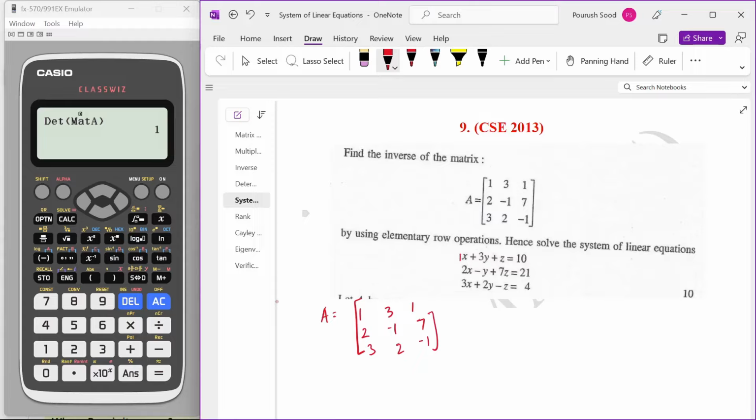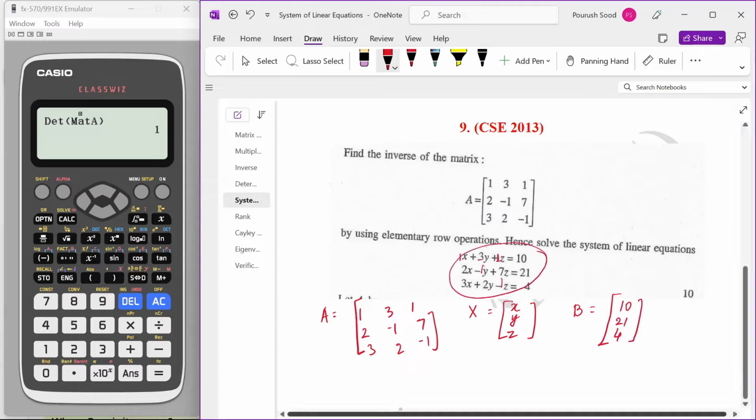So this is our coefficient matrix. Our variable matrix X is X, Y, and Z, and our constant matrix B is 10, 21, 4, and basically they're asking us to solve AX is equal to B.